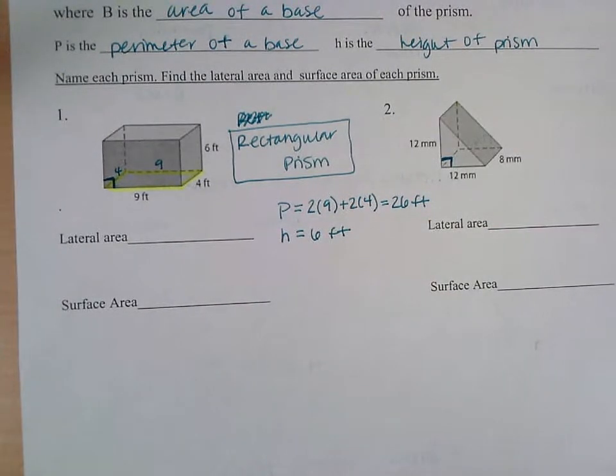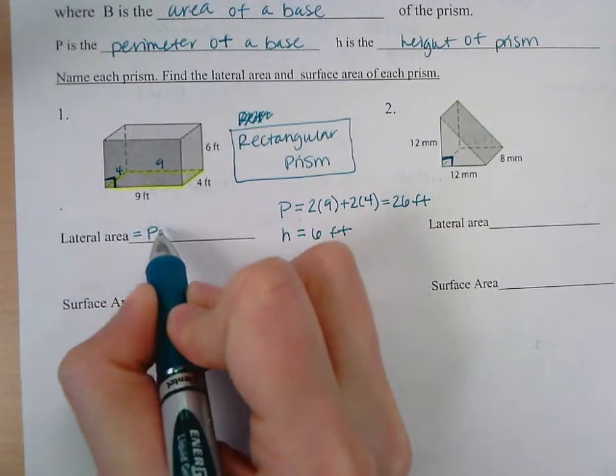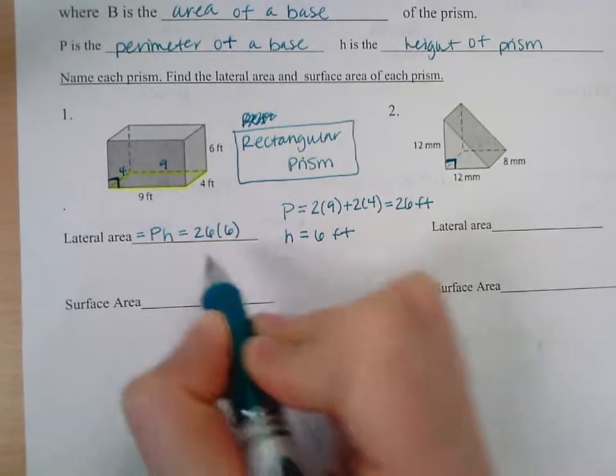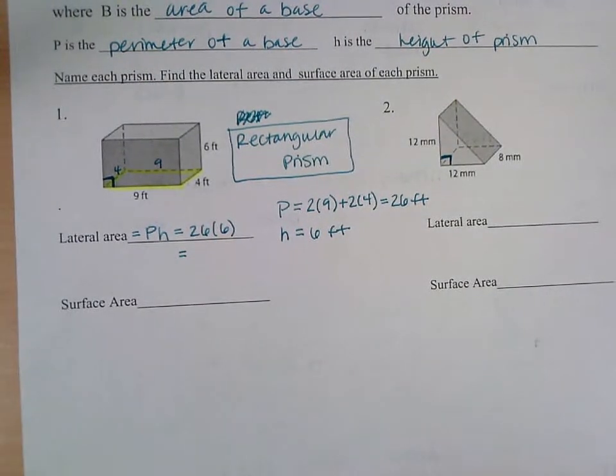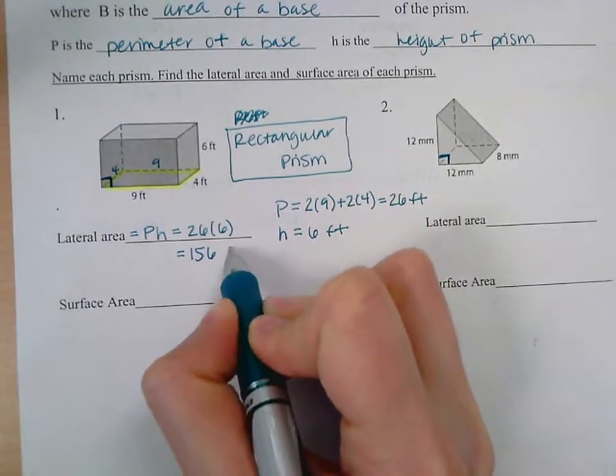Okay, so lateral area, I take perimeter of the base, multiply it by the height. So I have 26 times 6, meaning my lateral area is 156, and that would be in feet squared.